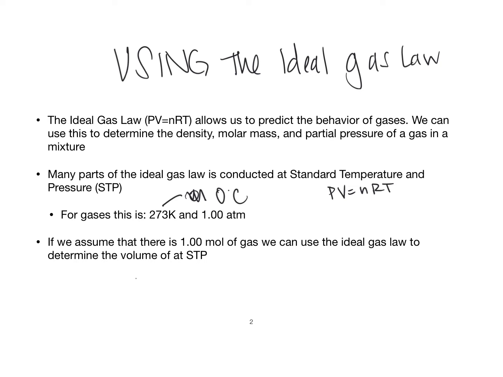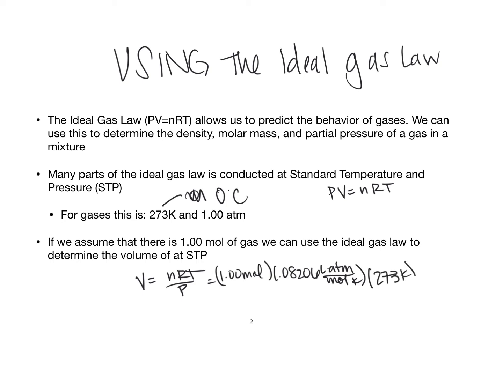We could solve for V, where V is equal to nRT over P, equal to 1.00 moles multiplied by 0.08206 liters atmospheres per mole Kelvin, multiplied by 273 Kelvin, divided by 1 atmosphere.